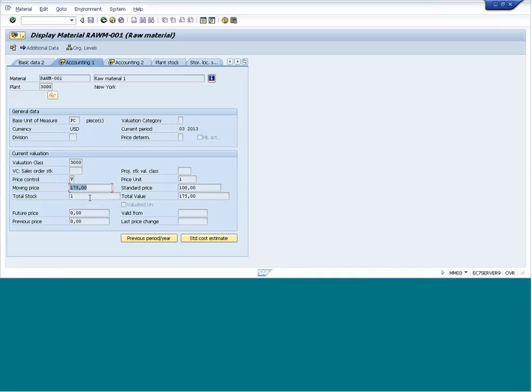So it would post a material issue kind of thing and reduce the material, and then it would have been 112.5 only, because it would have posted that value. That way it goes on manipulating that data.